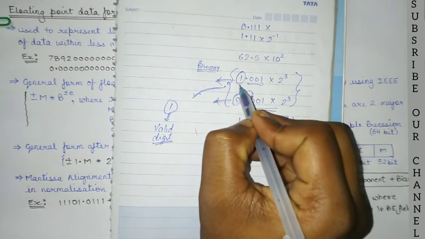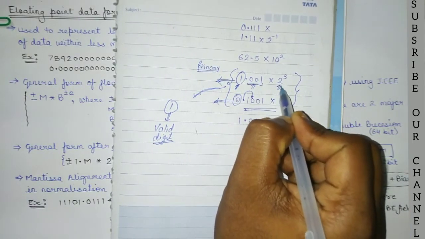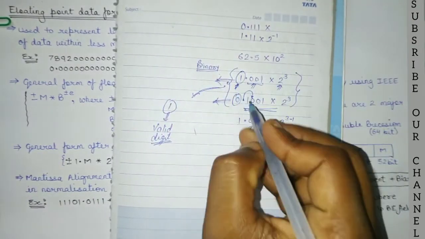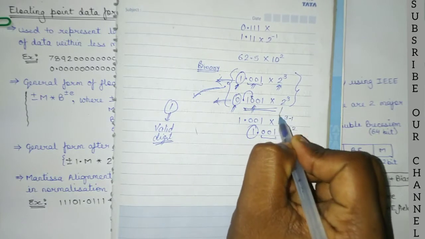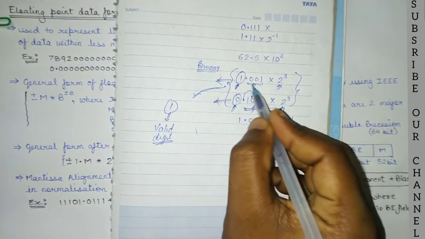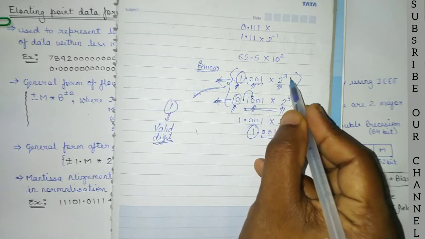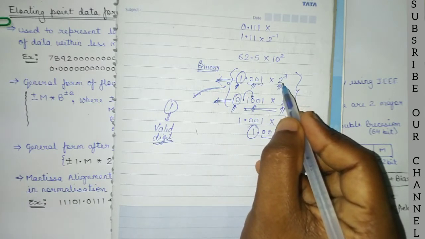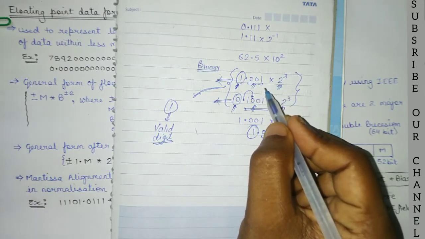Here, if you store this value and this value, that means everything you need to store. Similarly, if it is 0, you have to store this along with this and this. That means all the things, the valid digits or the fraction, the base and the exponent, everything you need to store. But we are fixing a parameter so that we can use less memory.